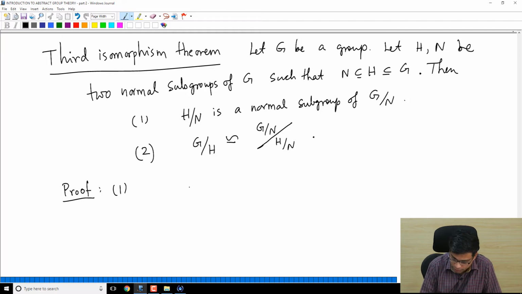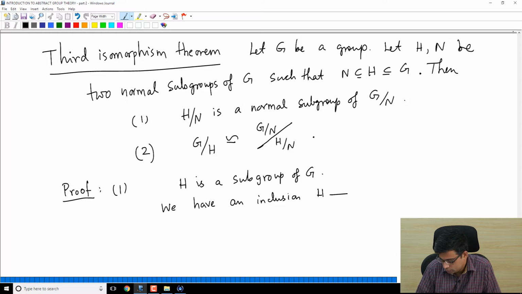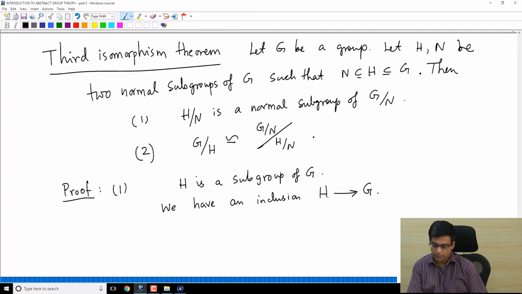Note that H is a subgroup of G, so we have an inclusion of H in G. This inclusion is simply sending small h to small h.